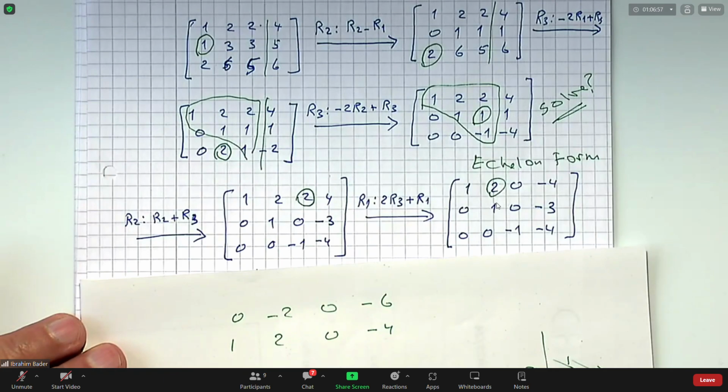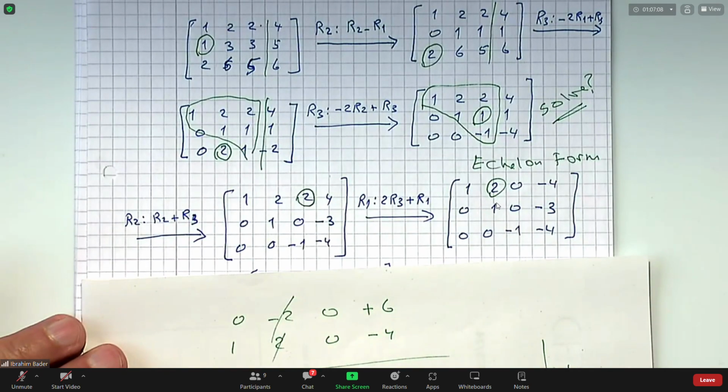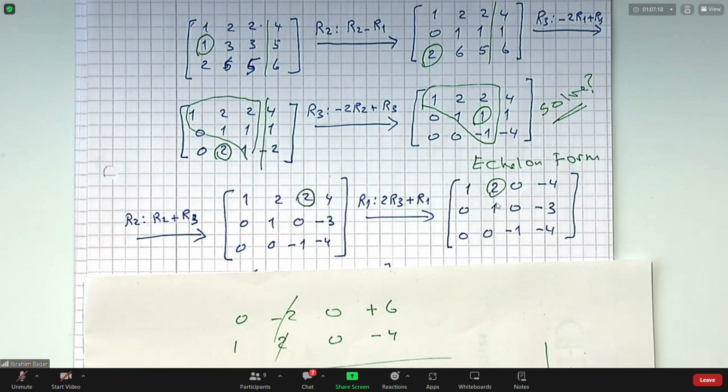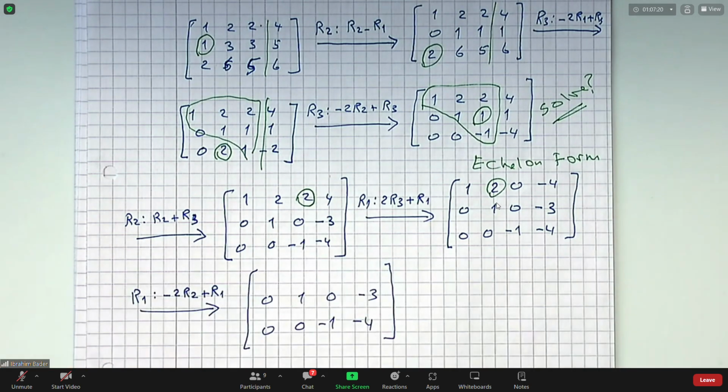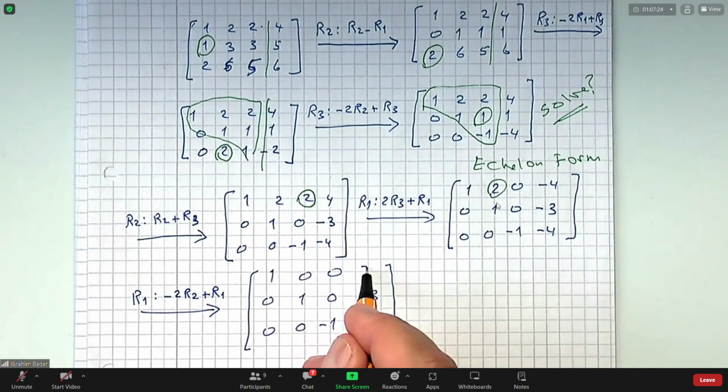Sorry, -2R2, we said, right? Here +6. So 1, 0, 0, 2.